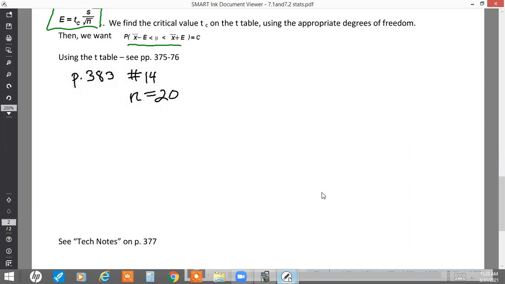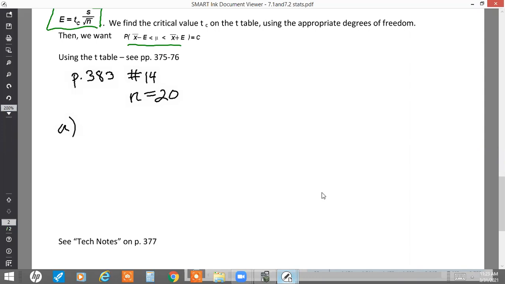Then for part A, for these problems, they give you the raw data, but then for part A, they say plug the data into your calculator and verify that it has such and such for the mean and standard deviation, right? So part A is already essentially given and you don't have to plug it in your calculator.